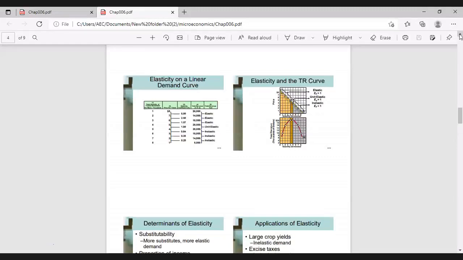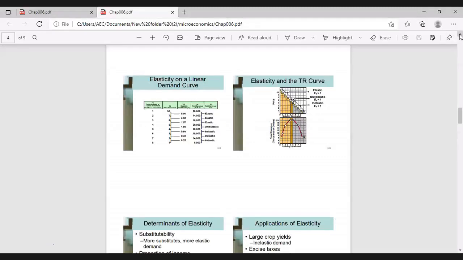In this example, you can see at the higher price, demand is elastic. At the lower price, the demand is inelastic.